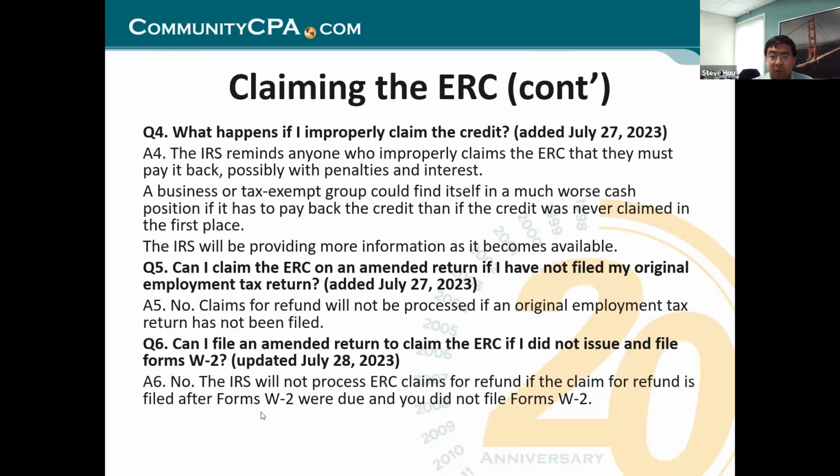So if you did not file your W-3, W-2 with SSA, you are risking your ERC claim being rejected, even though you did file your 941 and you did give your employees W-2s. You just forgot to file the W-3, W-2 with SSA. You do have to make that up by filing the W-3, W-2 with SSA first, and then claim the ERC.